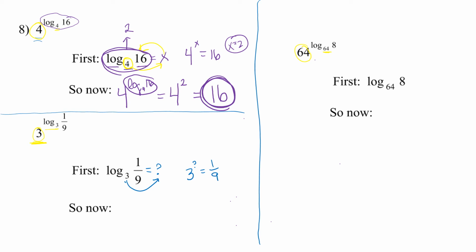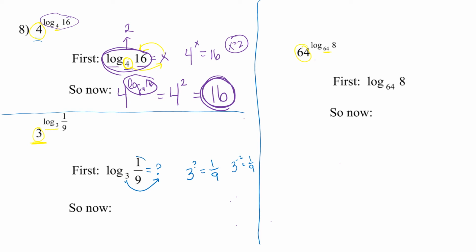I know that 3 squared gives me 9, but what do you do to an exponent to make something go in the denominator? Or as we said in class, throw them in the basement. How does that happen? It's a negative exponent. So 3 to the negative 2 is equal to 1/9, because 3 squared equals 9, and the negative makes it go down in the denominator. So this exponent here is -2.